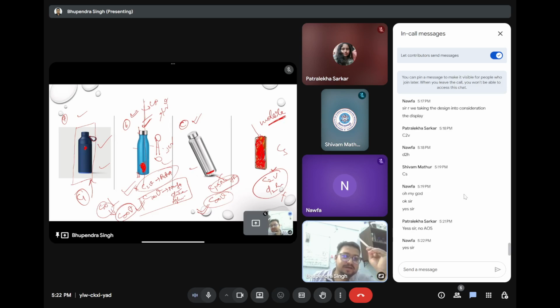Yes, Patleka, you are right. No axis of symmetry is present, but there is a plane. The plane is this plane only, the plane of the mobile. So sigma x is present.